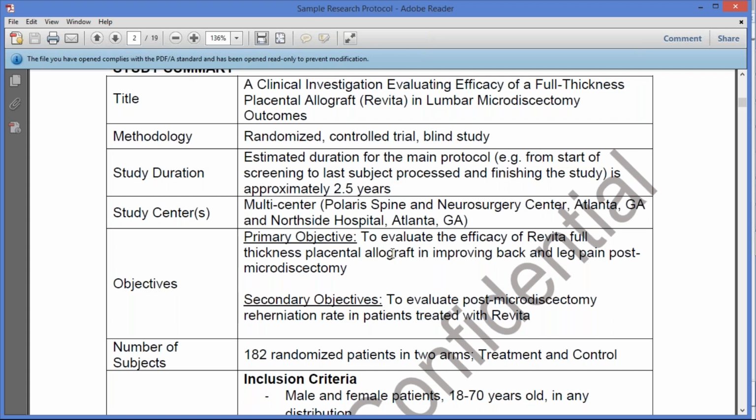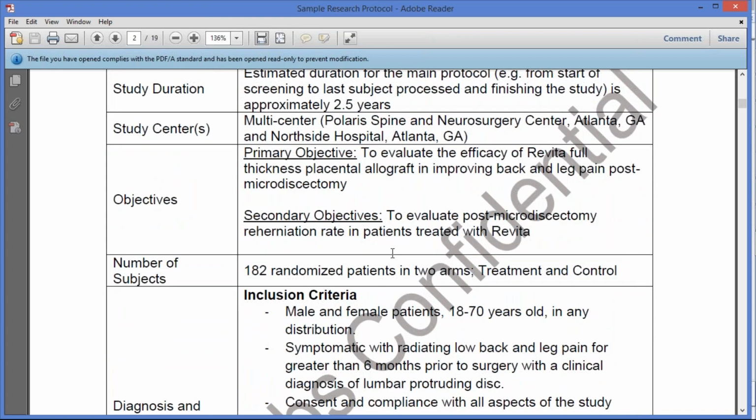So let us see the objectives. You know what an objective is. Objective is for what purpose we are conducting this study: the main objective, main goal, main aim of the trial.